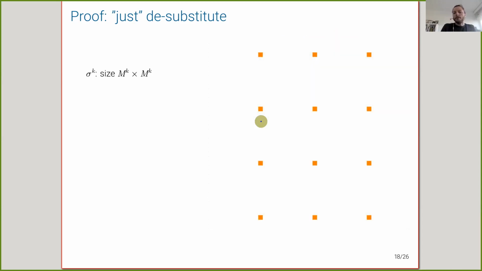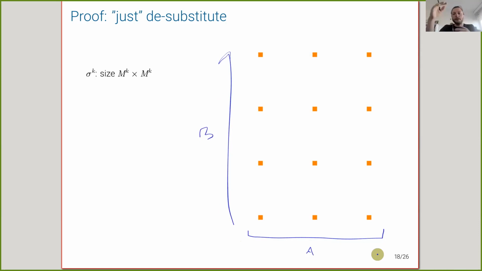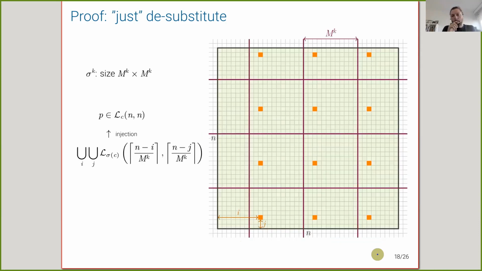So in order to know how many possible configurations I can have, let's say if I call this A and B, I just have to know how many of these marked positions I see in an A times B window. And this is exactly this here, these ugly ceiling functions.